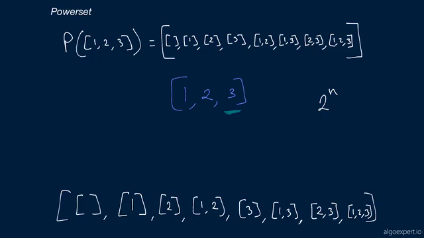Well, what you can do is you can notice that at the beginning, we start with one array. We start with one subset. Then we doubled it. We had one subset and a subset with the number 1. So we go from one subset to suddenly 2 subsets. Then we doubled that. We went to 4 subsets.